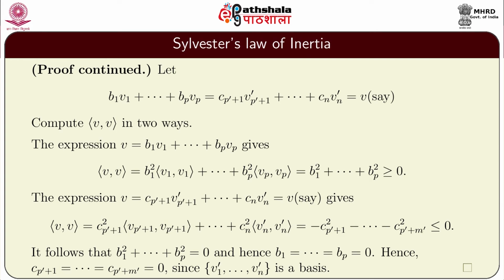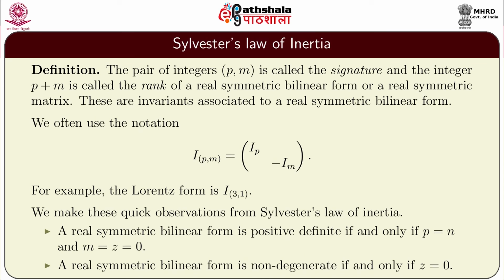and we are done. This gives us the definition of signature and rank of real symmetric bilinear forms or a real symmetric matrix, and these are invariants associated to a real symmetric bilinear form.